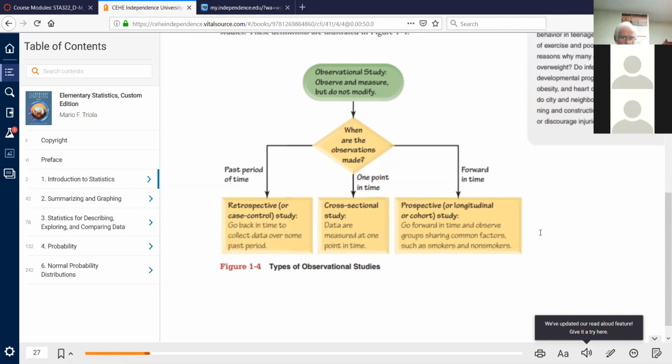And so you'd be going back and looking at the data, how many people, what kind of work they do, and so forth in that area of the country. That's a retrospective study.